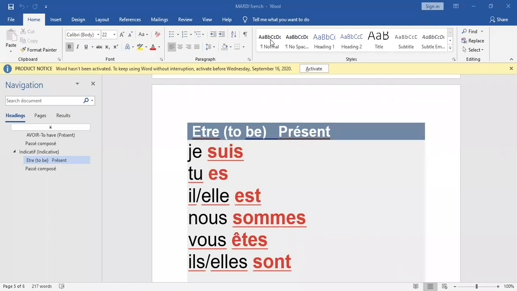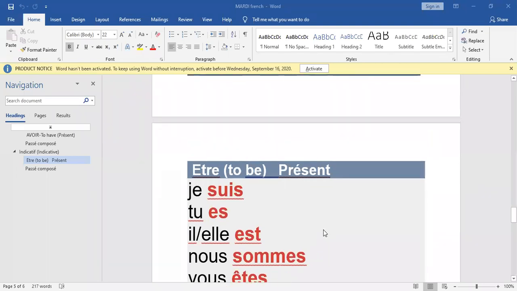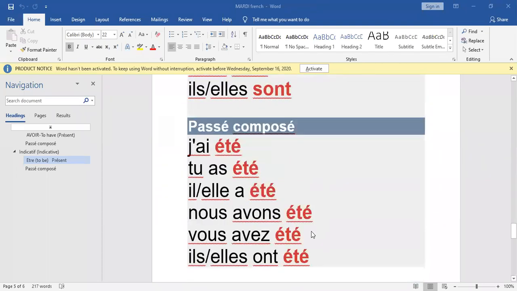It is simply telling you that the verb in question has gone into the past with what? With être. And that is why it is behaving as such. When être takes itself, the verb to be, to go into the past, it remains constant. It remains what? The same.